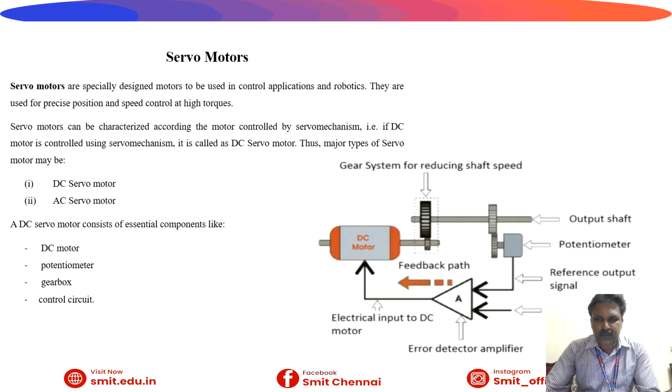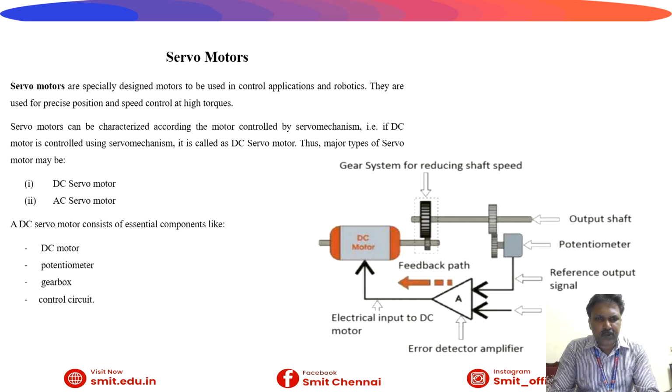Servo motor. This is a glimpse of how the servo motor performs. Now we will see the basic concept of this one. Servo motors are specially designed motors to be used in control applications and robotics. They are used for precise position and speed control at high torque.